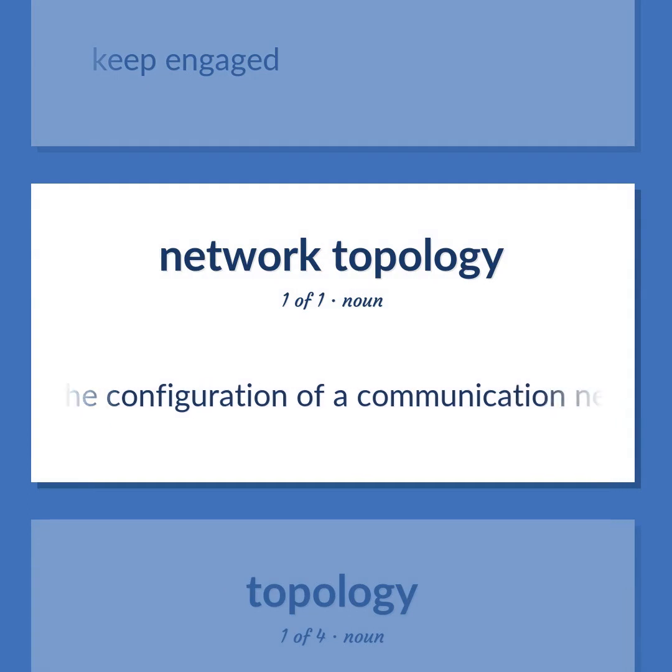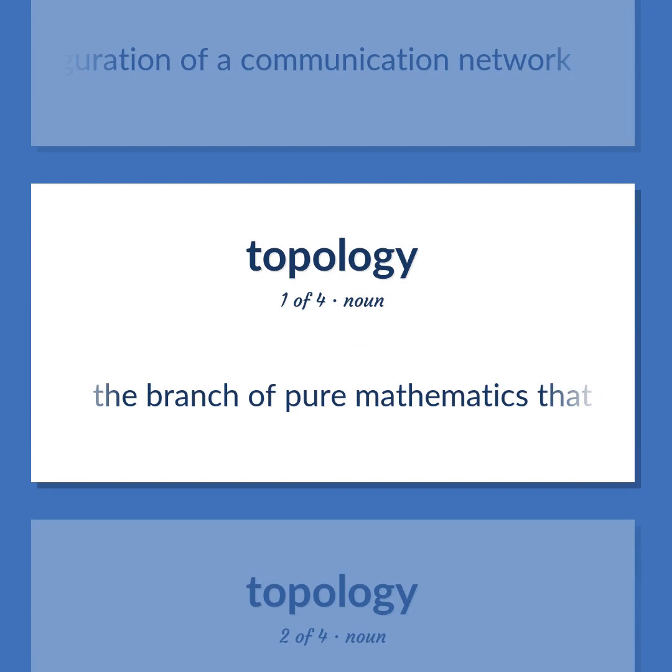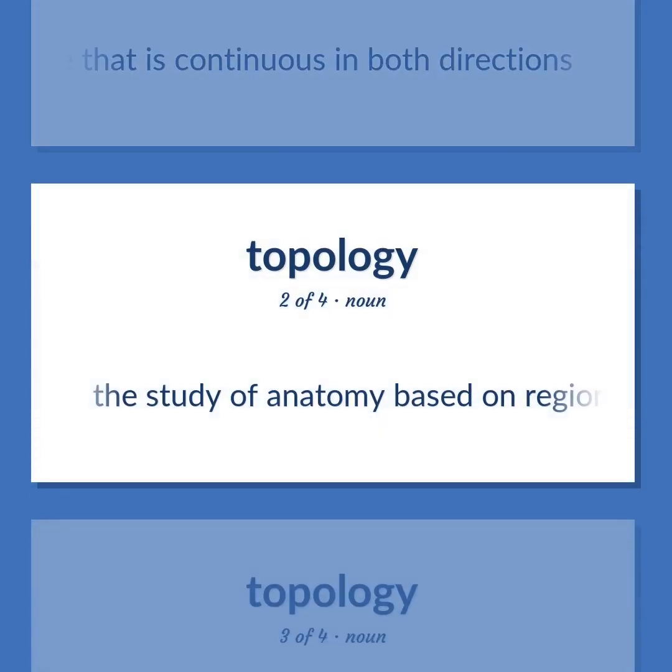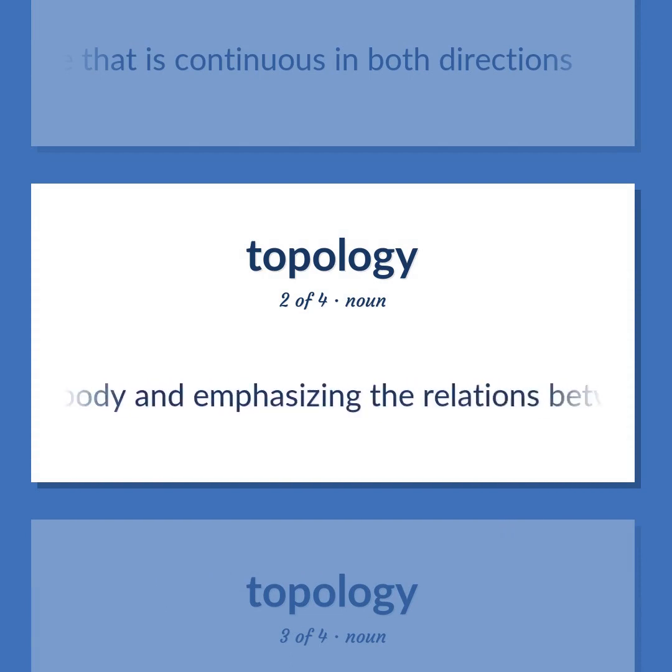The configuration of a communication network. The branch of pure mathematics that deals only with the properties of a figure X that hold for every figure into which X can be transformed with a one-to-one correspondence that is continuous in both directions. The study of anatomy based on regions or divisions of the body and emphasizing the relations between various structures, muscles and nerves and arteries etc., in that region.